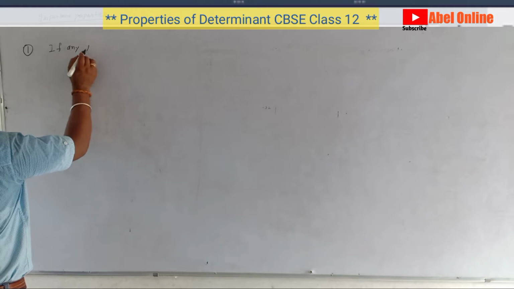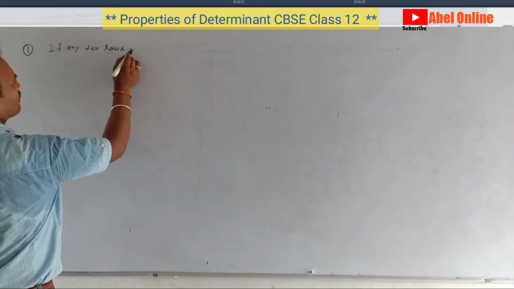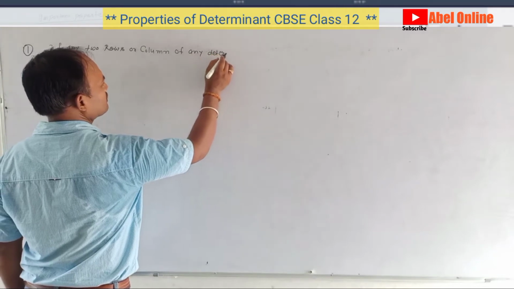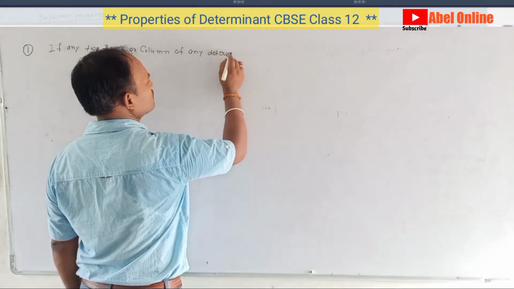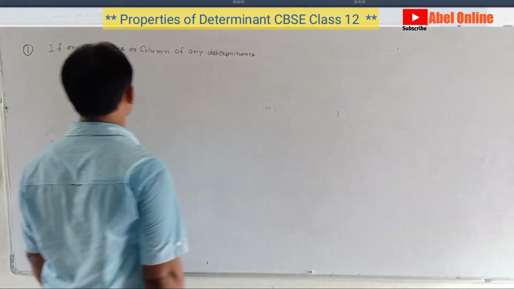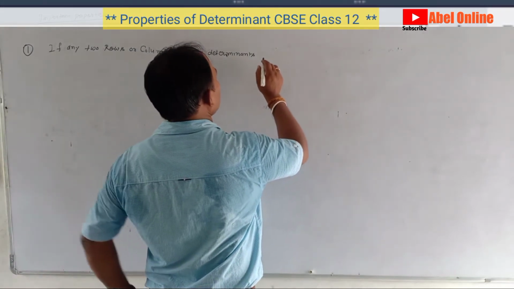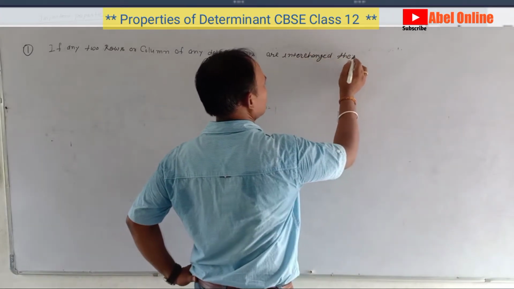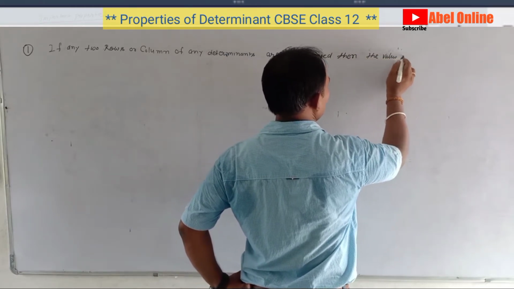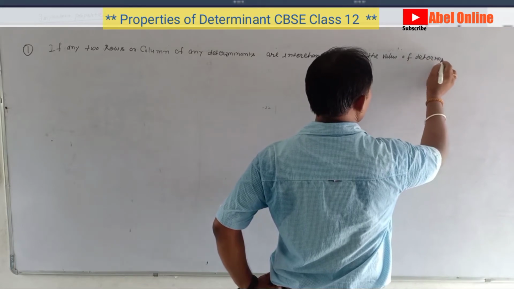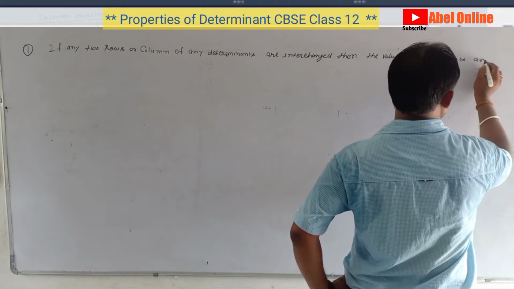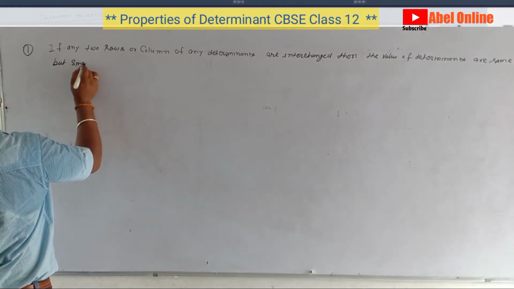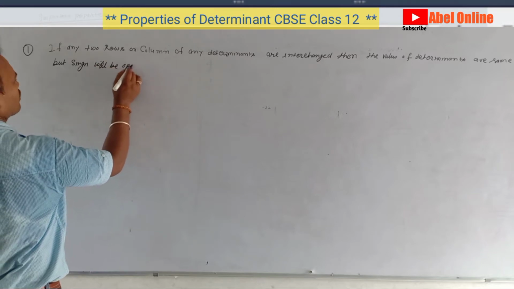If any two rows or columns of any determinant are interchanged, then the value of the determinant is the same but the sign will be opposite.